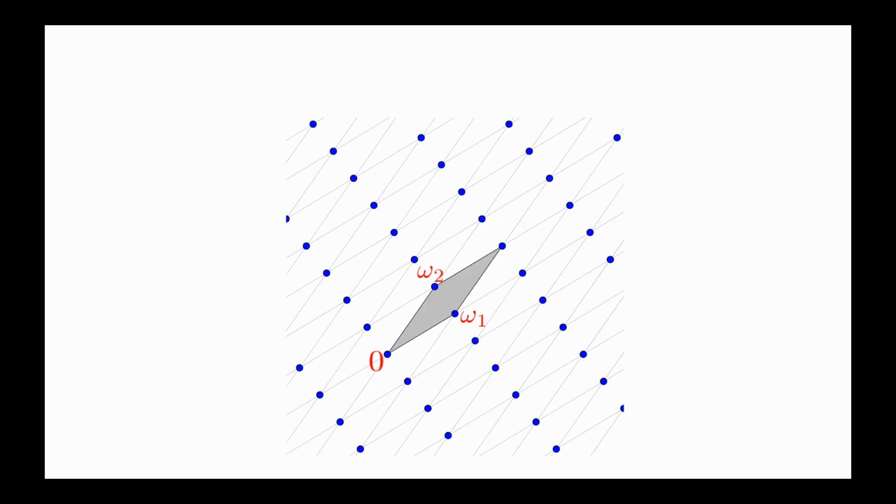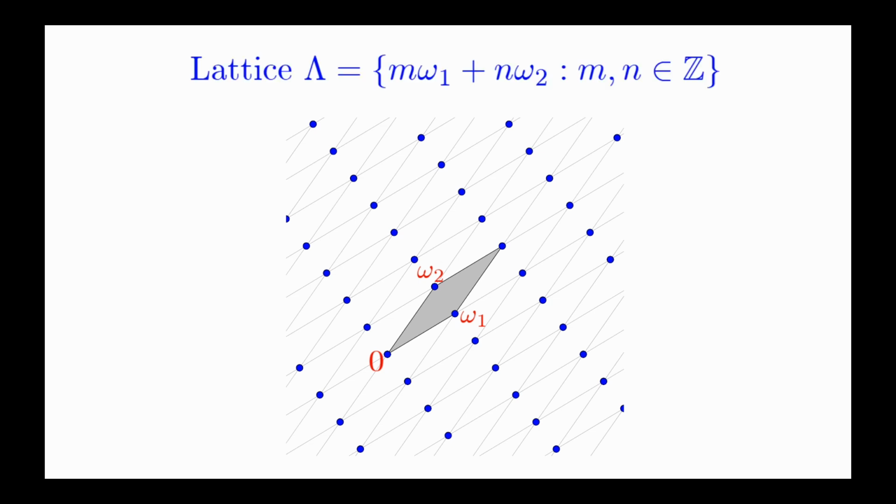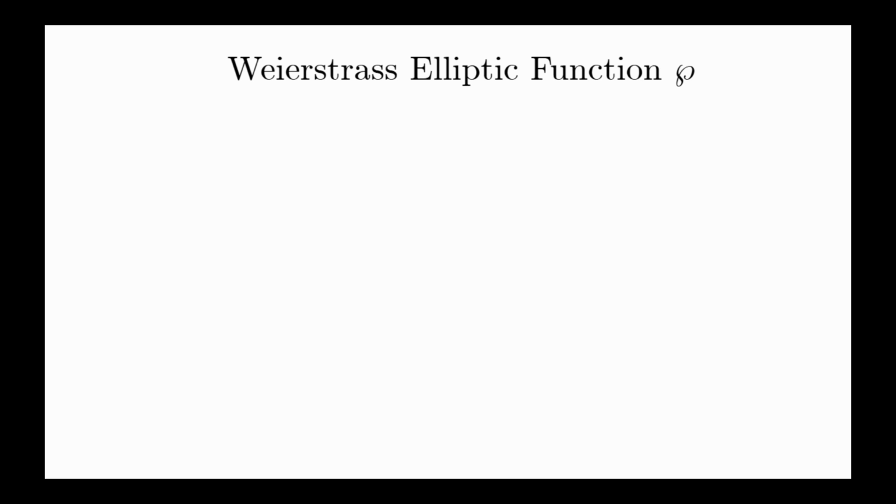So if we have a lattice in the complex plane generated by fundamental periods omega 1 and omega 2 with non-real ratio, we can denote the lattice by lambda, and we know that one of the very simplest ways of constructing an elliptic function with double periods omega 1 and omega 2 is by constructing the Weierstrass P function.